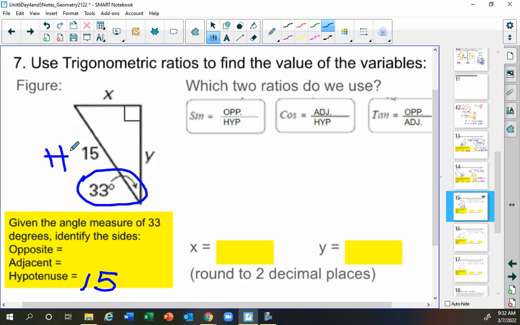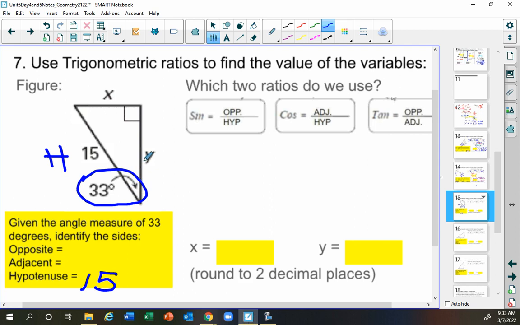Go ahead. No, that's okay. What were you going to say? No, the opposite is y, right? Be careful. Look at 33 degrees. Now, does the y touch or is it across? Where's your y side? Look where it is. Yep. So, does it touch the 33-degree angle? No. Here's your y. Is it a part of the 33-degree angle?